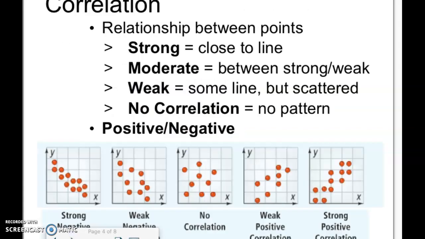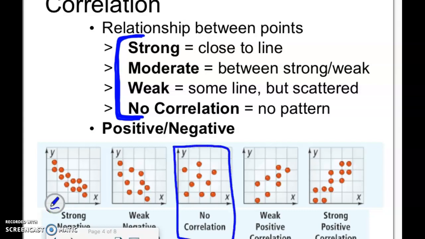Okay. Correlation talks about the relationship between the 2 variables. All right. The key words that we use, let's say if it was like a 4-question multiple choice, right? We would be looking at these 4 words. All right. No correlation is when it's completely like you can't tell if it's positive or negative or what's going on.